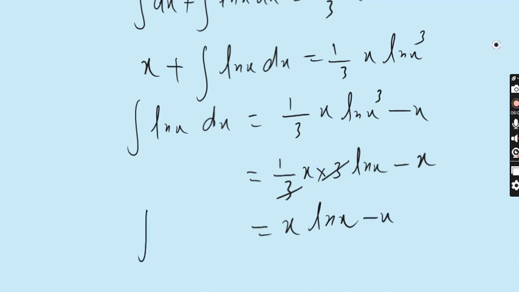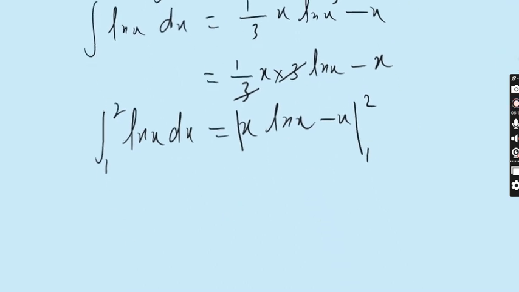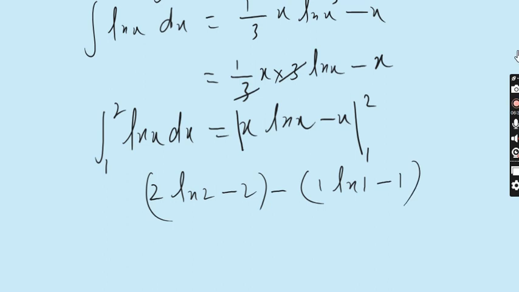The requirement of the question is to apply the limit from 1 to 2 of ln x dx. So we have to apply the limit 1 to 2: upper limit minus lower limit. So 2 ln 2 minus 2, minus 1 ln 1 minus 1.